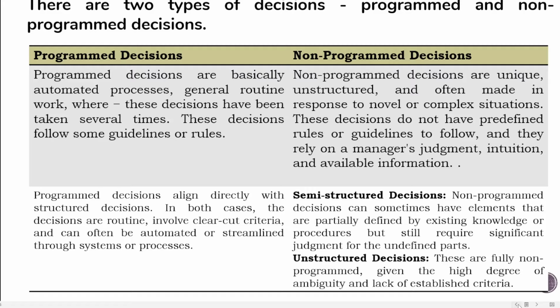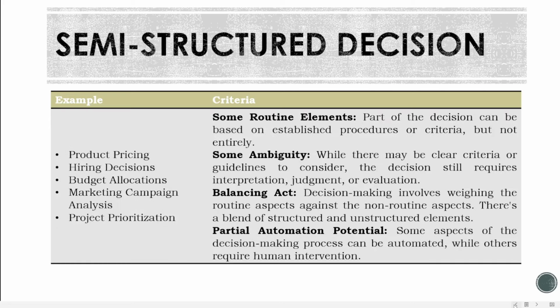Next, semi-structured. So, as you can see in there, we have here the following criteria. Okay. Semi-structured decisions have some routine elements, but also require judgment due to partial ambiguity or the blending of standardized and novel elements.